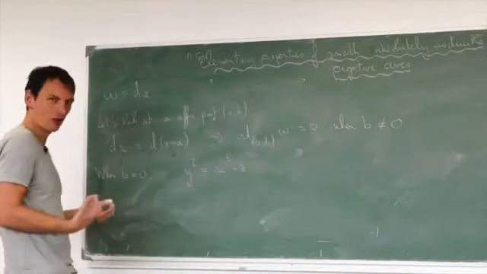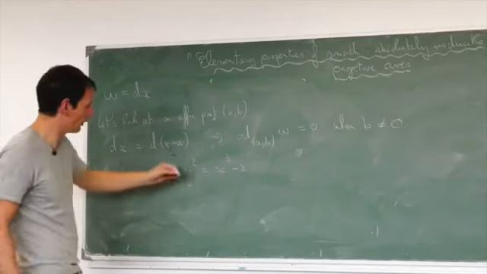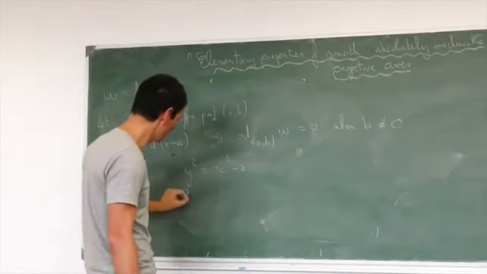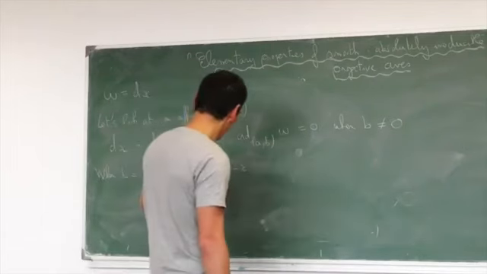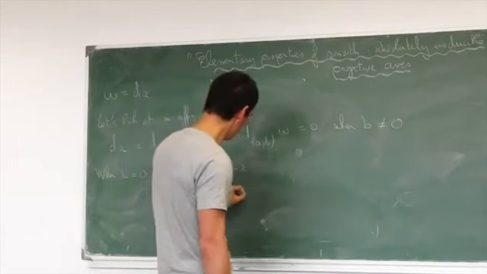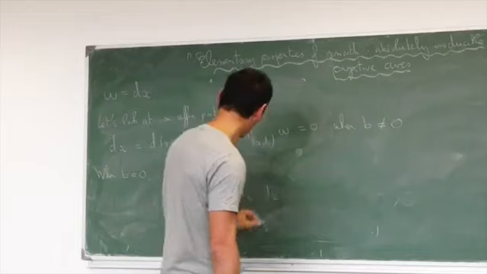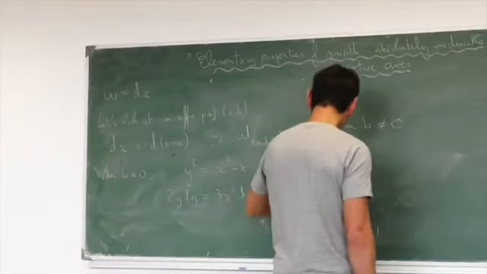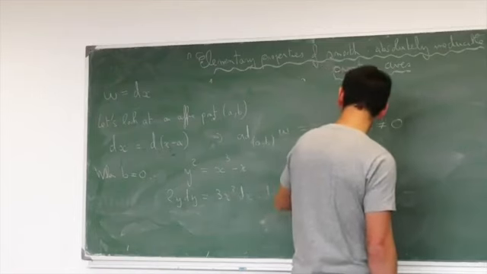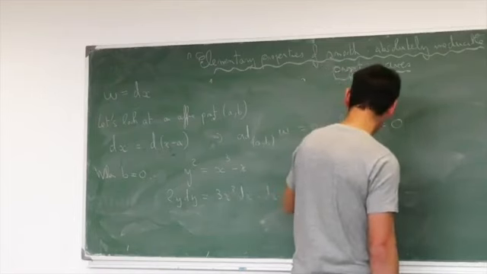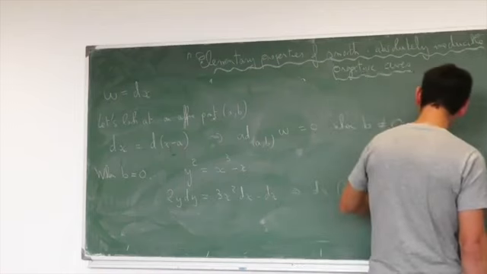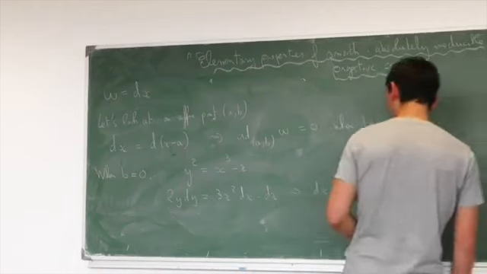Now, I take the derivative a bit like a physicist on each side. So I have 2y dy, which is 3x squared dx minus dx. So what I see is that dx times 3x squared minus 1 equals 2y dy.